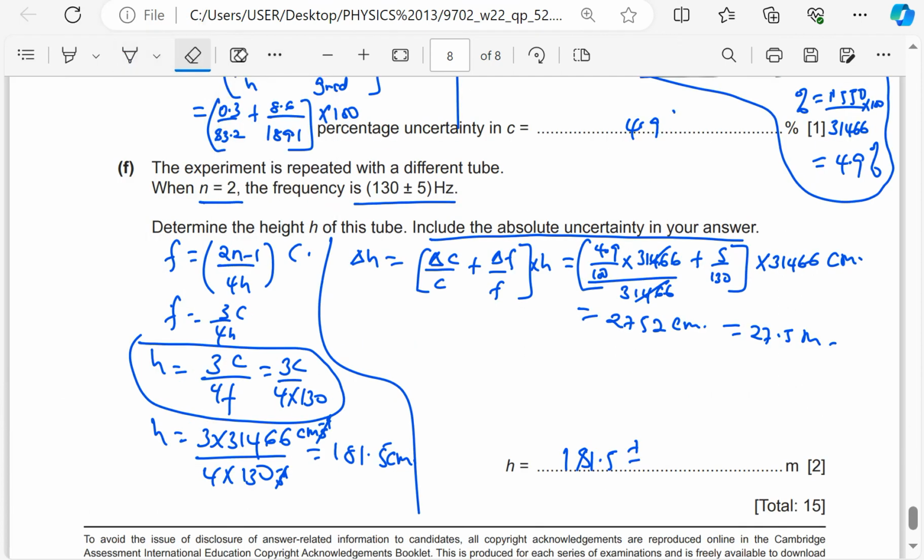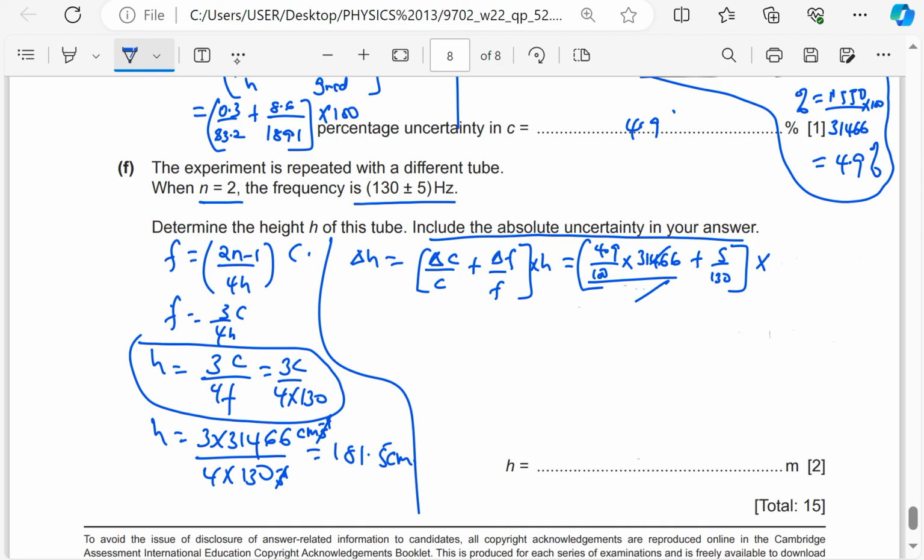Okay, I realize there is a mistake here. First of all, H should be in meters. Here I got it in centimeters, so I have to change this to meters. So this is going to be 1.815 in meters.